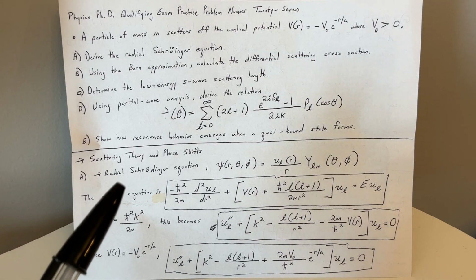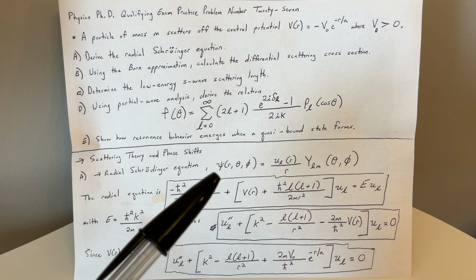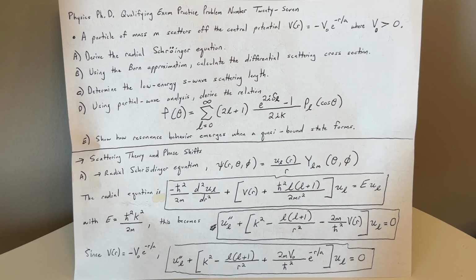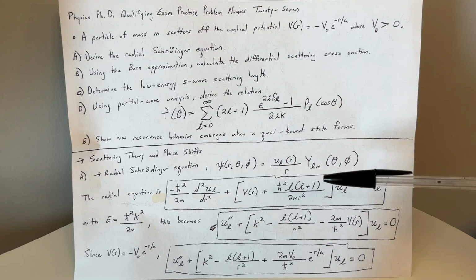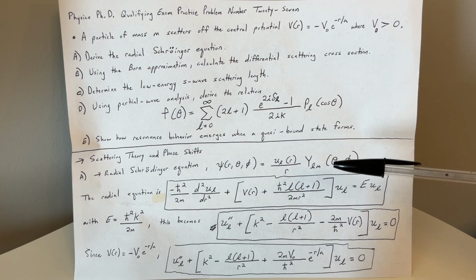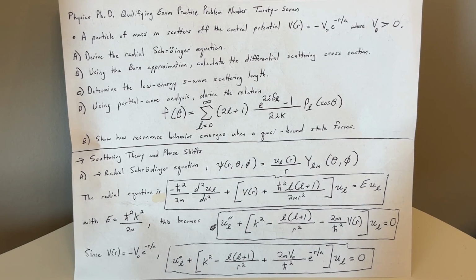So for part A, the radial Schrodinger equation, we have psi of r, theta, phi equals u sub L of r over r, Y sub Lm of theta, phi.